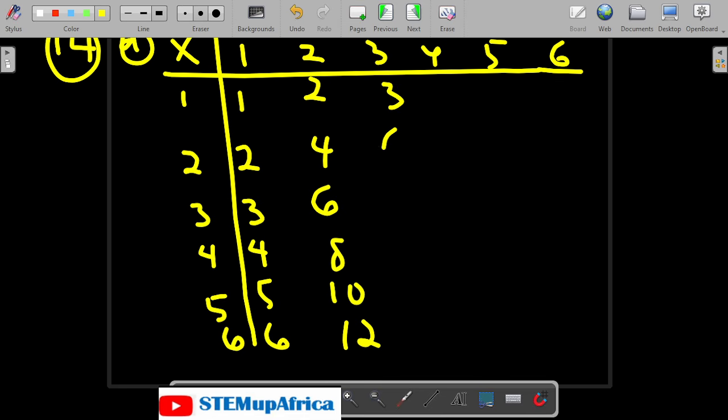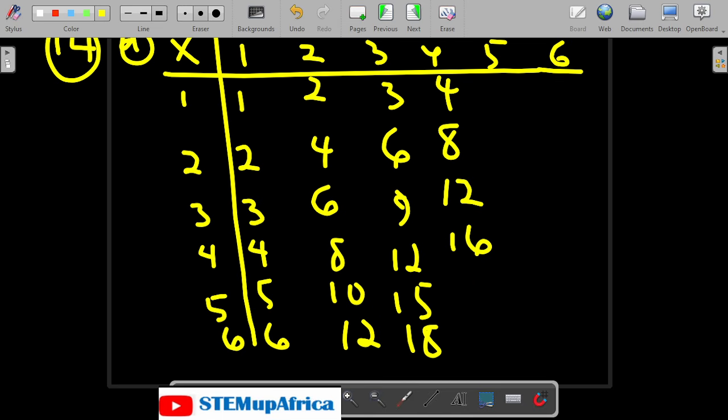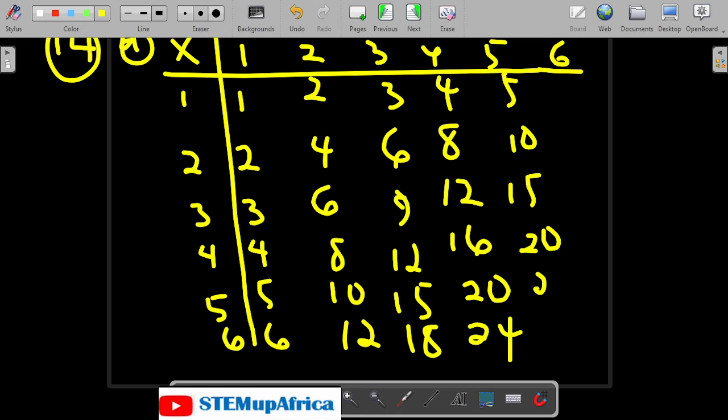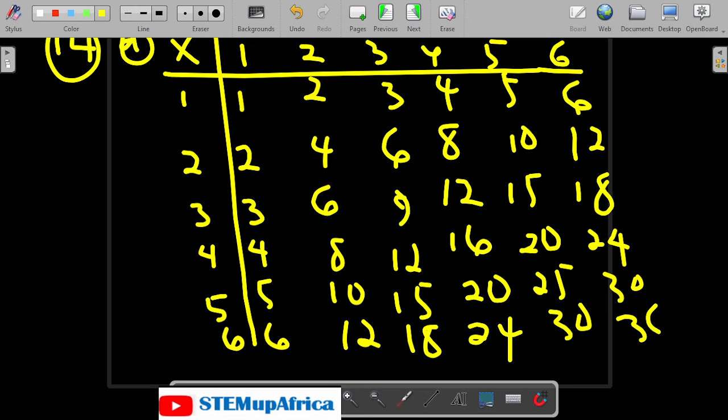Here's 3, 6, 9, 12, 15, 18. Here's 4, 8, 12, 16, 20, 24. Here is 5, 10, 15, 20, 25, 30. Here is 6, 12, 18, 24, 30, and 36, which is 6 times 6.